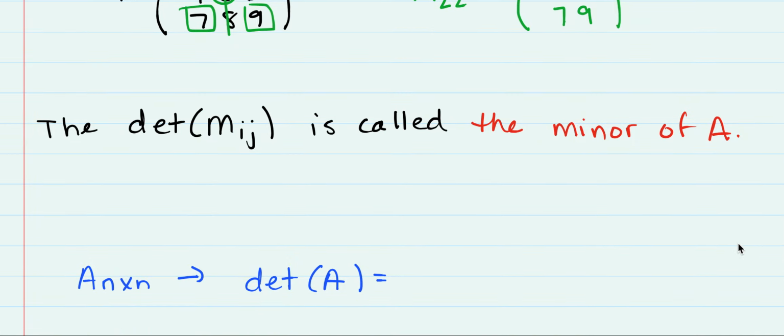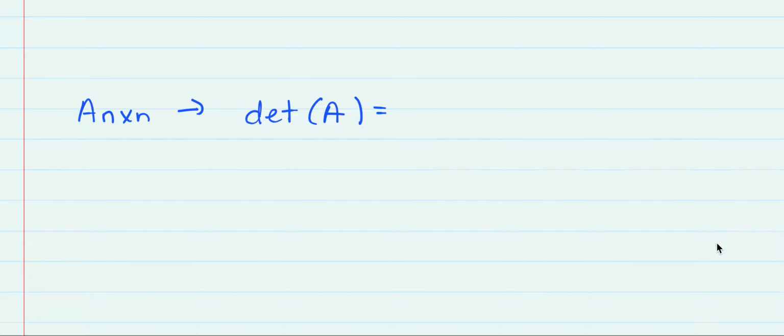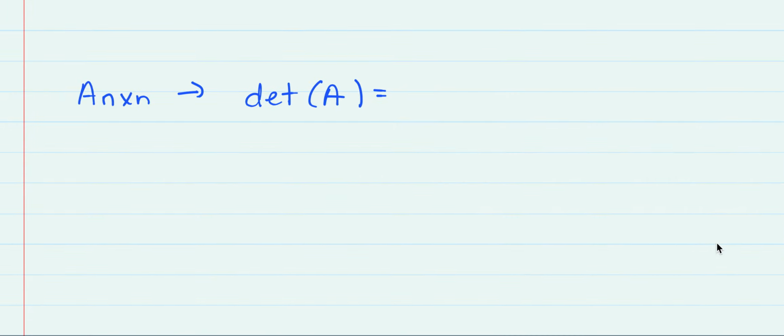Okay, I think we're ready to introduce the determinant for any n by n matrix. To find the determinant, you want to take any row or any column of A. You have to choose whether you want to go down a row or a column. I'm going to give you 2 different ways to find the determinant.